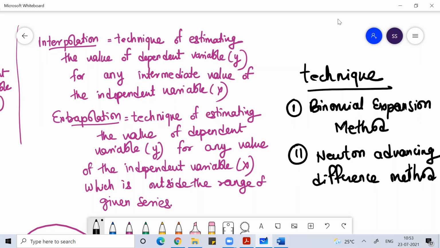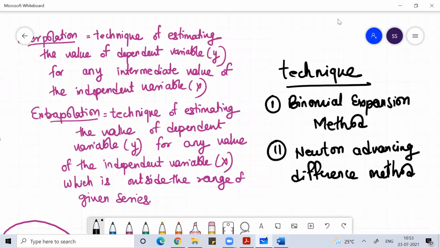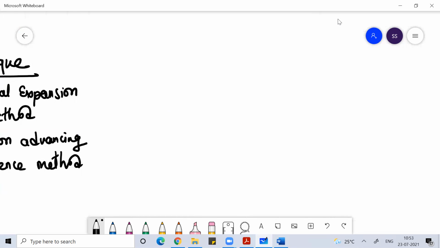First, I'll talk about the binomial expansion method. Let's do some numericals on it.